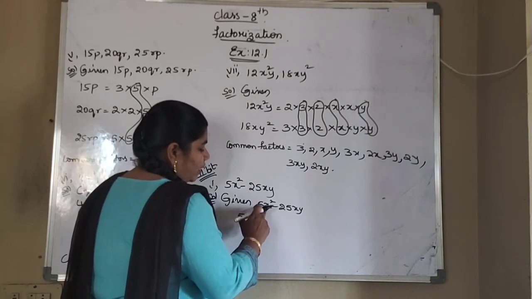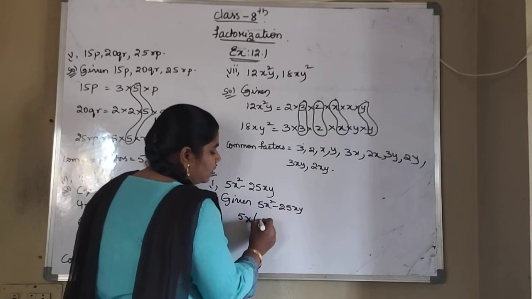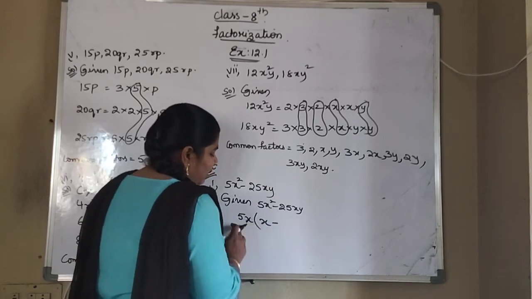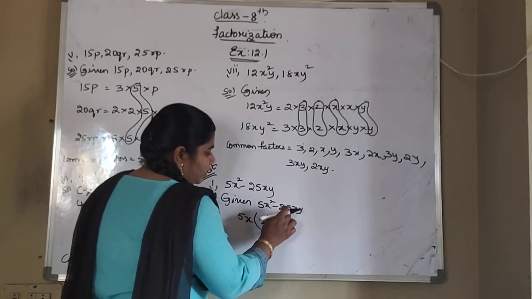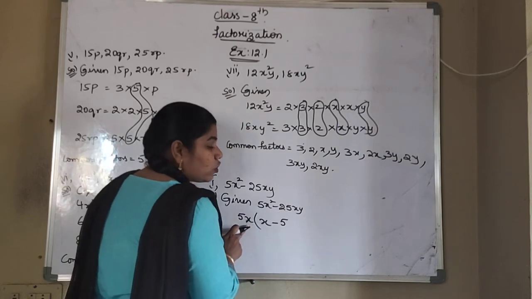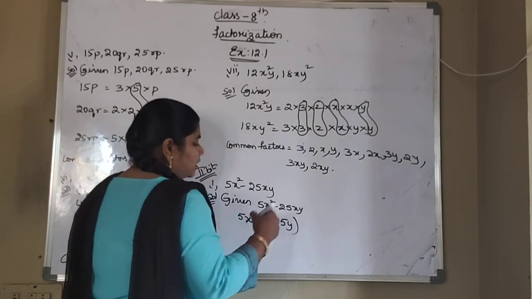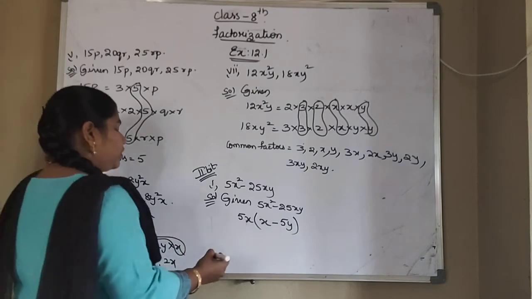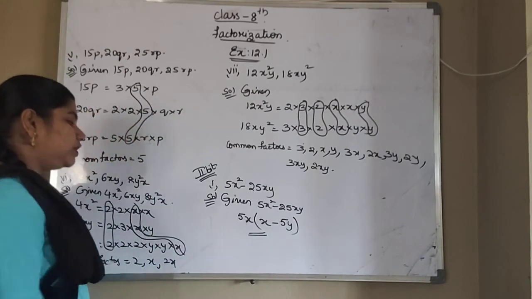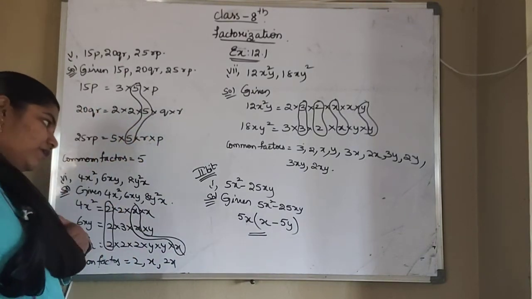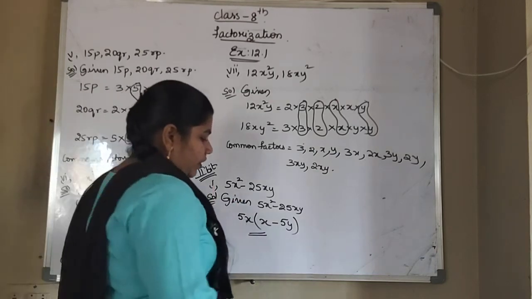Only we have taken 5 and x, one more x is remaining here. So I am writing x minus 5, 5 5s are 25, already one x we have taken as common. What is the remaining term? That is y. So the factor here is 5x into x minus 5y.